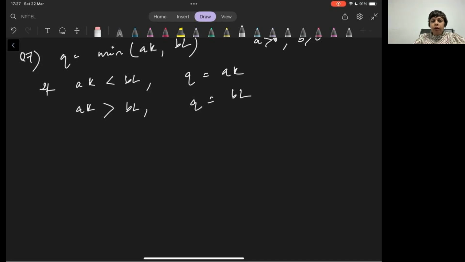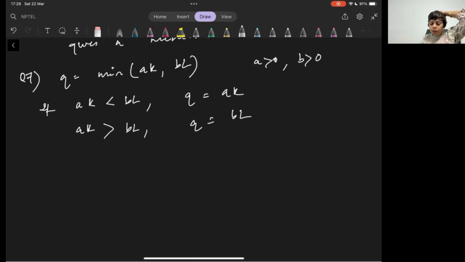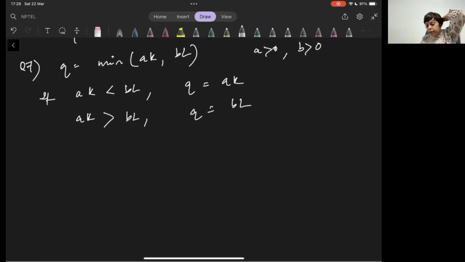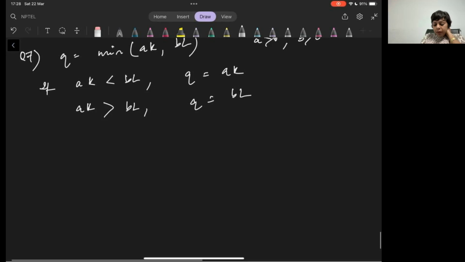Right? Now, the main thing which you had to kind of guess or infer here is that as long as AK or BL are not equal, one is greater than the other, then the firm is only using one resource, right? You're using only K or you're using only L. And that is useless for the firm because, say, suppose I have one tractor sitting here and I have two laborers also, and I'm using only two laborers or only one tractor and the other is just lying around, right?